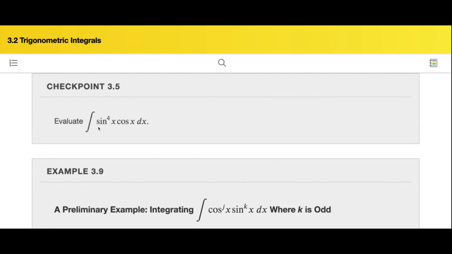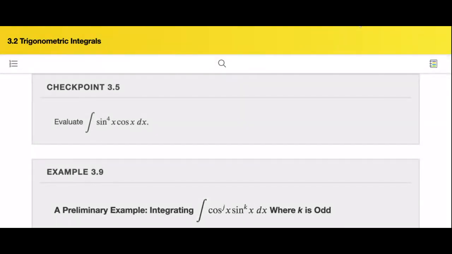Use u to substitute sine x. Yes, 1/5 of sine raised to the 5th of x plus c.